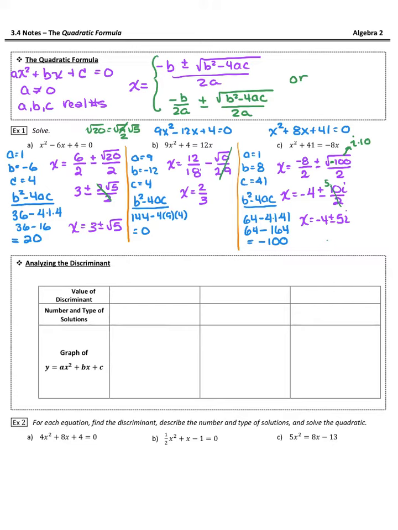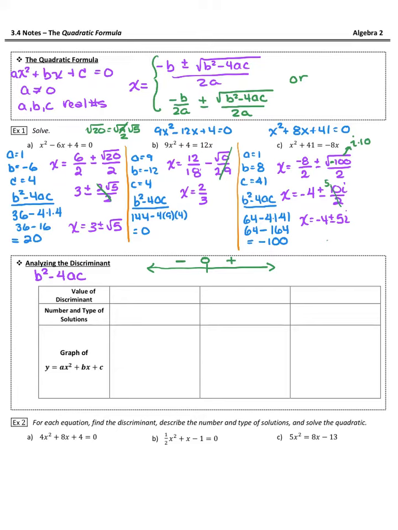The discriminant without the radical is just the b squared minus 4ac. And what it does is it tells us what kind of roots we're going to have. And I like to think of it as like a number line. We know that we have negative numbers, we have 0, and then we have positive numbers.